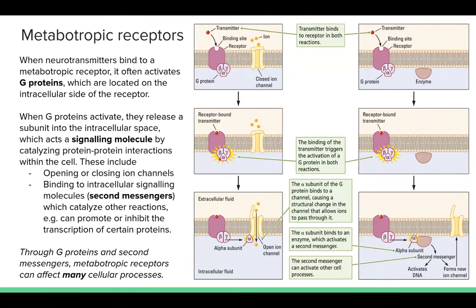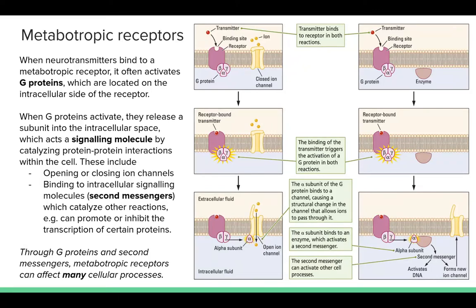What then very frequently happens is that this phosphorylated G protein subunit detaches from the receptor and enters the extracellular fluid and becomes a messenger protein. And in some cases, that messenger protein can go to an ion channel that is located within the cell membrane and can activate that ion channel and either open it or close it or modulate its function in some other way.